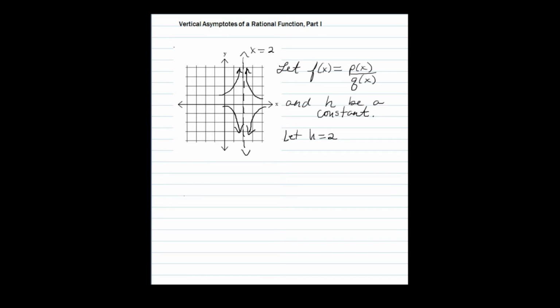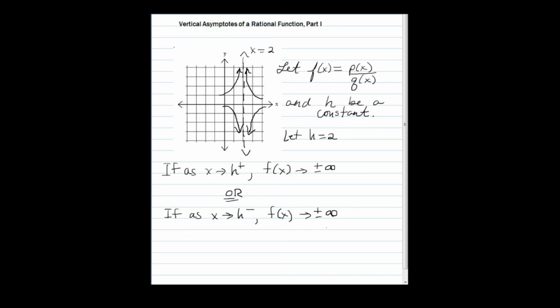And so we have a way to express that. So let's define what this means. If, as x approaches h, we'll start from the right. If as x approaches h from the right, my function goes to either plus or minus infinity, or if as x approaches h from the left, f of x approaches plus or minus infinity.